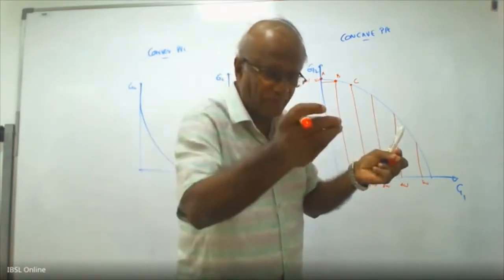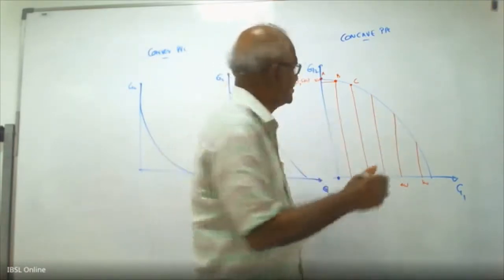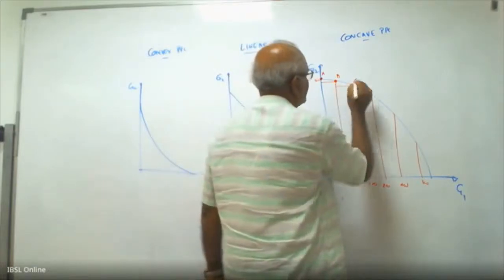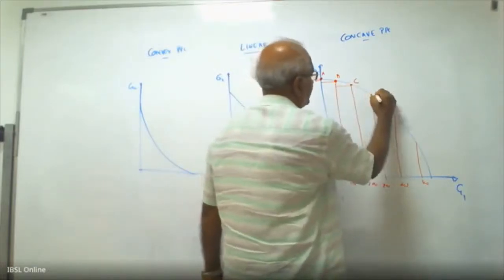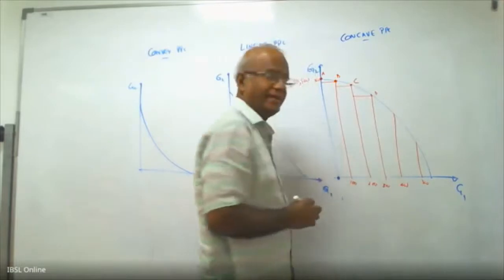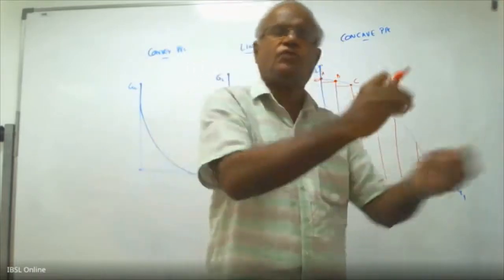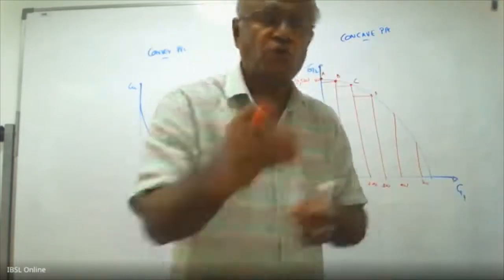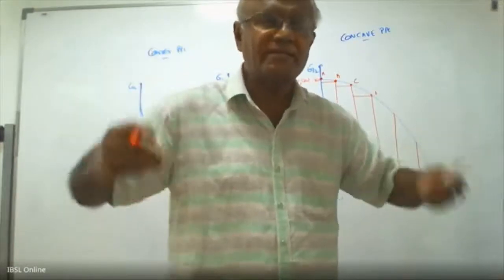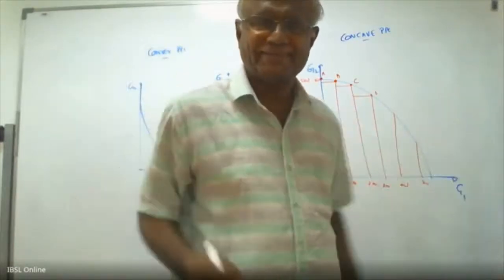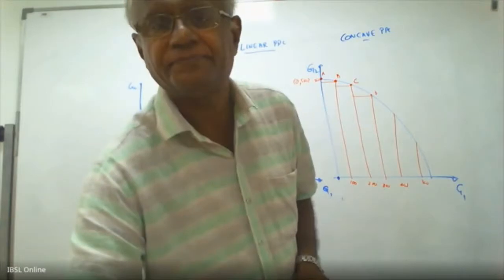Good one increases, then to D, like that. Reallocation of factors of production from good two to good one increases the good one output.